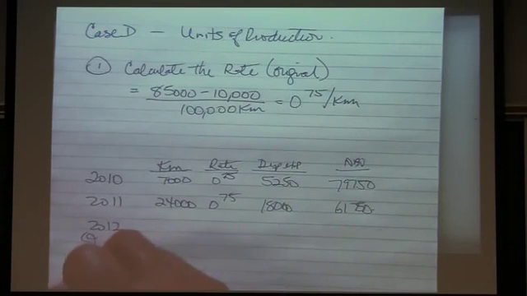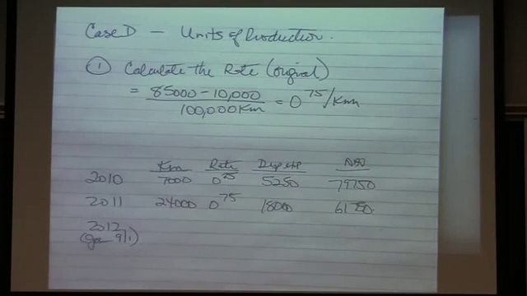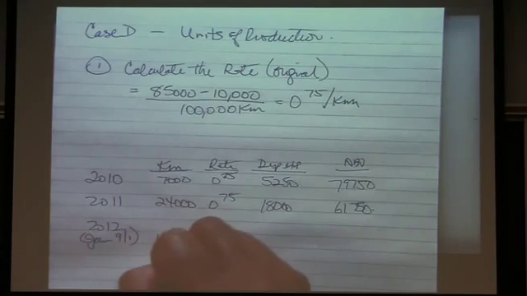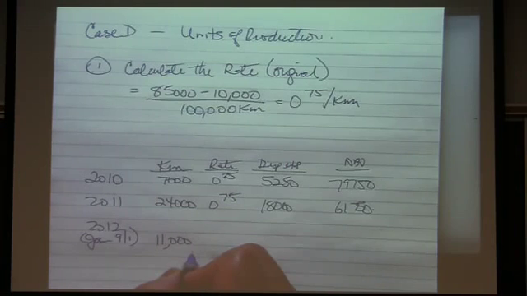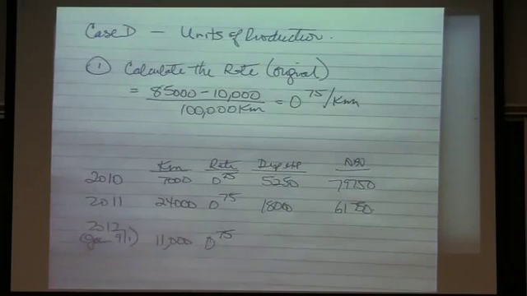Now, for 2012, we're told that prior to the change, from January to September 1st, the total kilometers was 11,000. And the 11,000, we're going to multiply by 75 cents, because that was the date prior to the date of change.